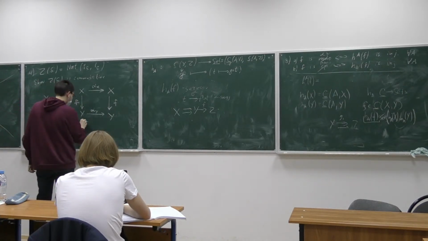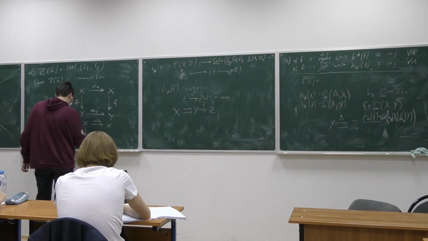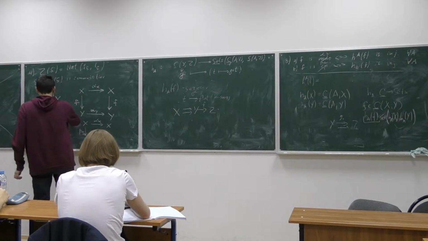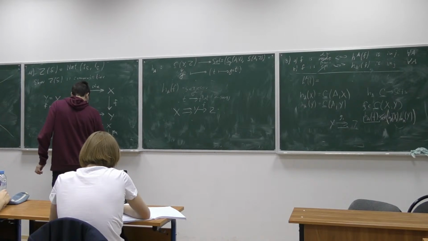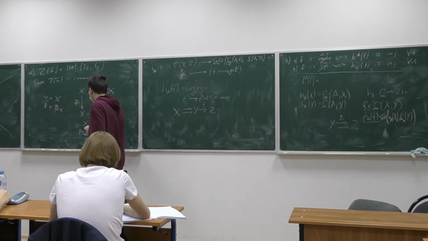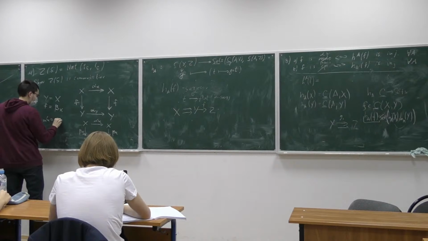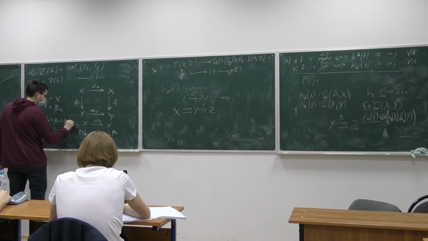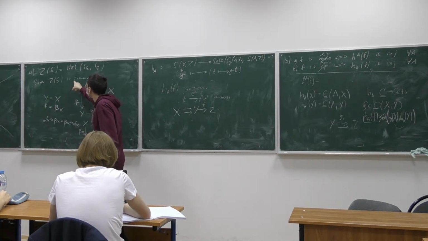So we have this, a function from x to x, a morphism from x to x. And from this diagram we have that this is commutative.